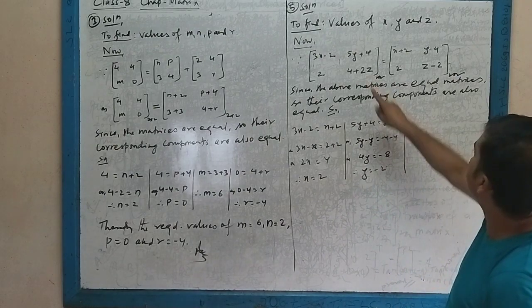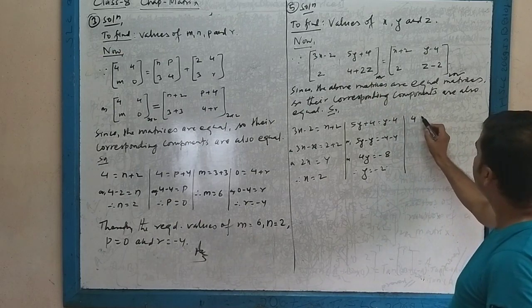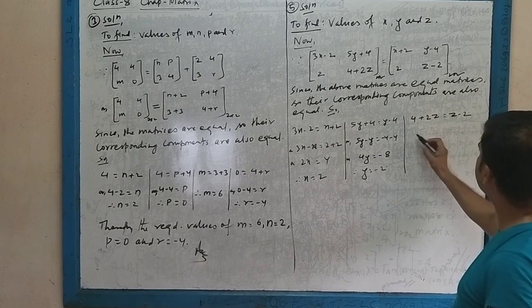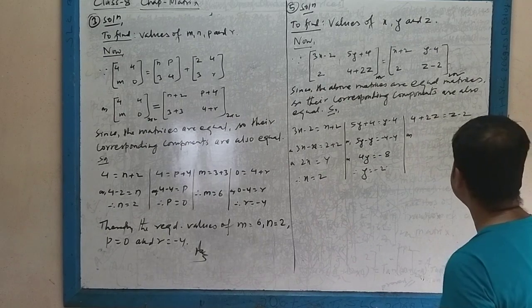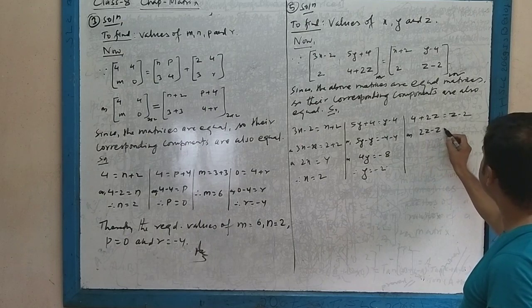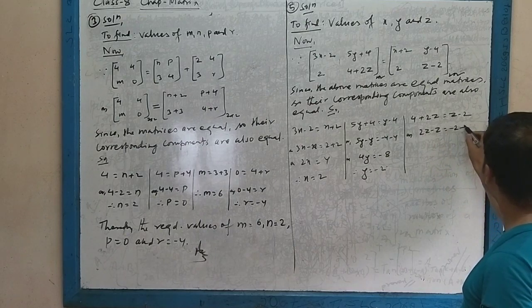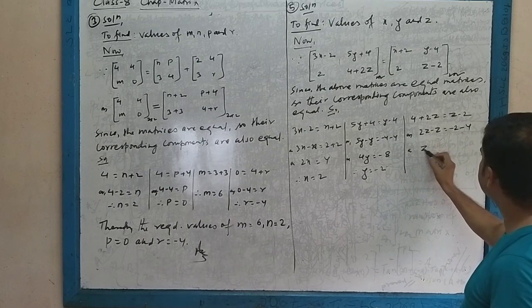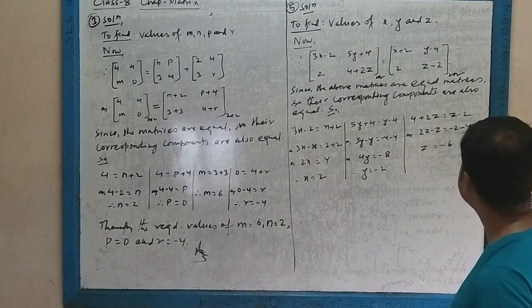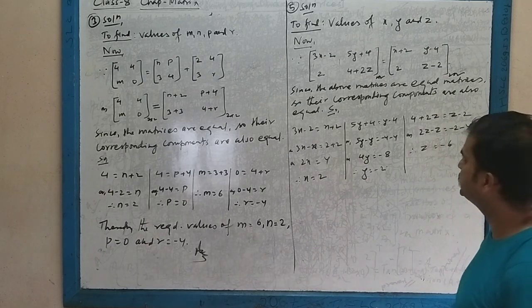Go for the last one, that is 4 plus 2z equals z minus 2, or bring this side 2z minus z equals minus 2 minus 4, or z equals minus 6. You can see directly that z equals minus 6.